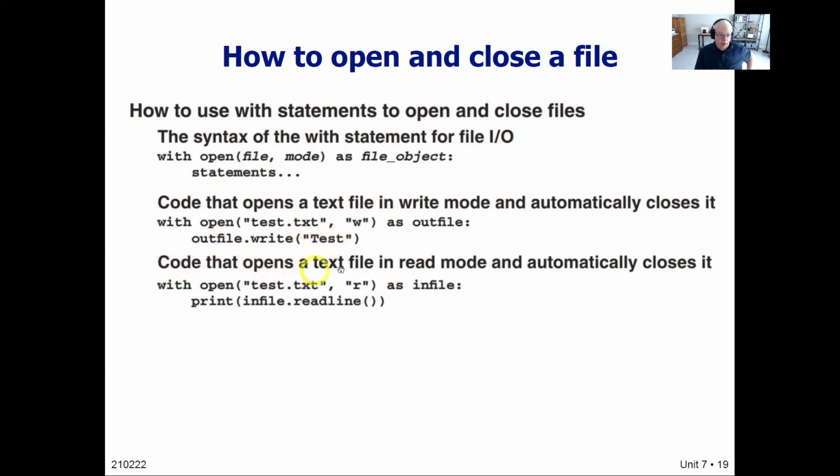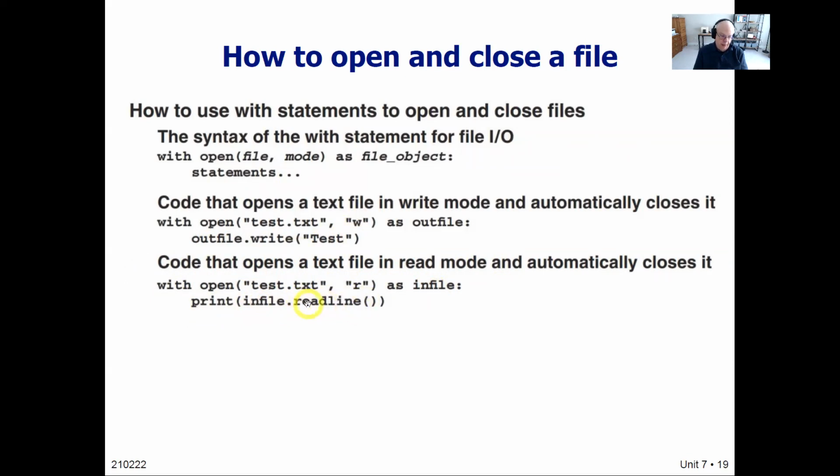And going in the other direction to read a file, it basically looks the same. We have an R instead of a W here. Fact of the matter is we don't even have to have an R there for a second argument, which you'll see go away in the next example, I think. And then as in file is our file object here, and we're just going to print it. So print in file dot readline.